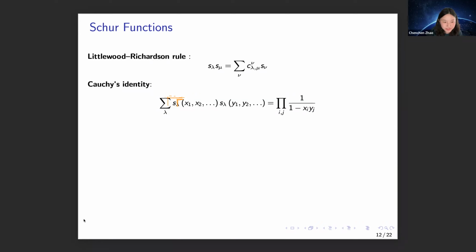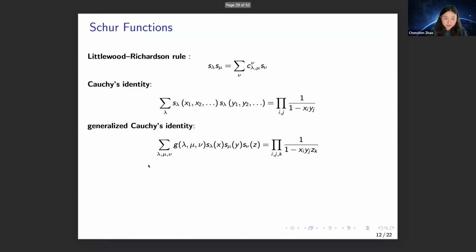If we sum over all partitions lambda the product of S lambda of X times S lambda of Y, it is equal to the product over all indices i, j of 1 over 1 minus x_i times y_j.